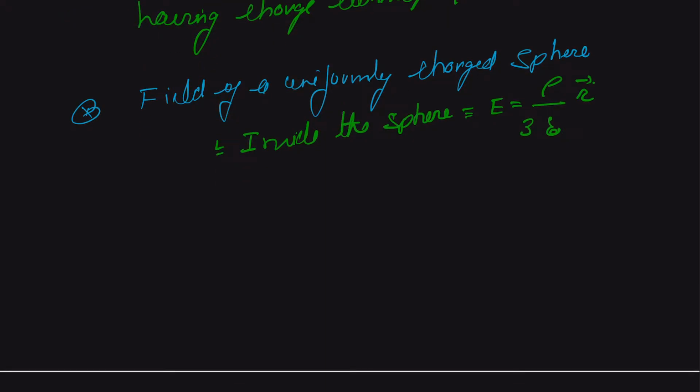And outside, we can write the electric field as equal to 1 upon 4 pi epsilon naught Q upon R square.